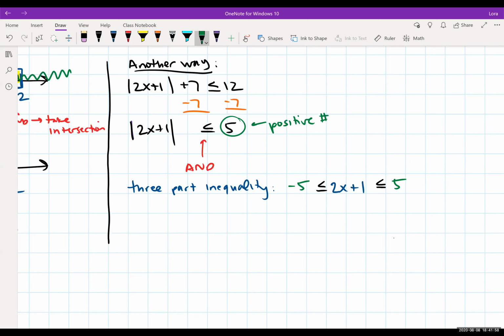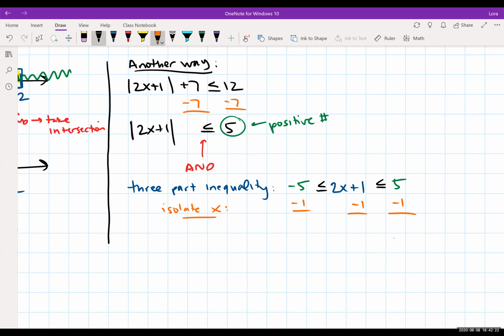So it's kind of another technique. And then if you're going to solve this three-part inequality, what happens is you still have to go through and isolate your x in the center. So it's kind of like you don't have to do things twice. You're solving all in one. So if that is the case, we subtract 1 from each of the parts. 3 parts, not 2 parts.